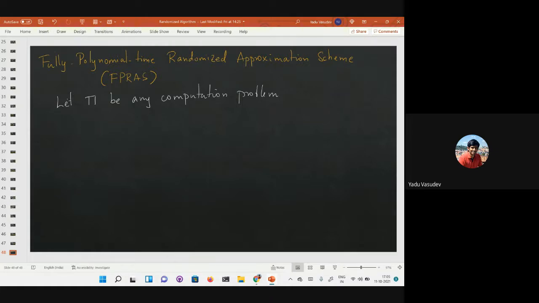So an FP-RAS is an algorithm that takes as input x and a parameter epsilon greater than 0, and has the following properties.